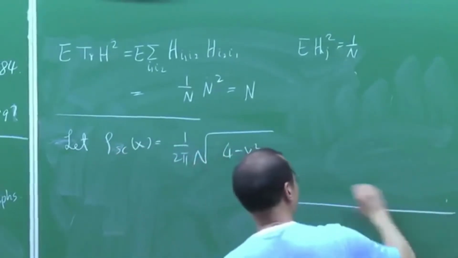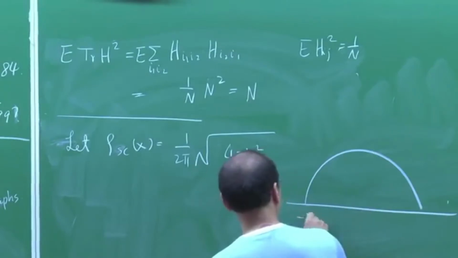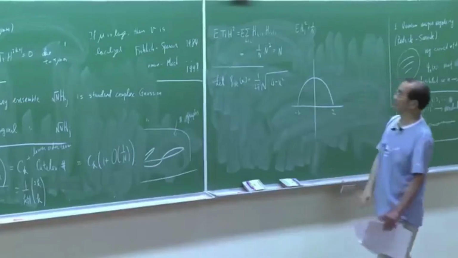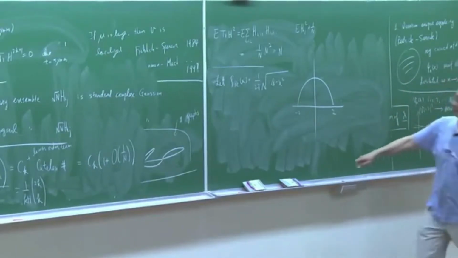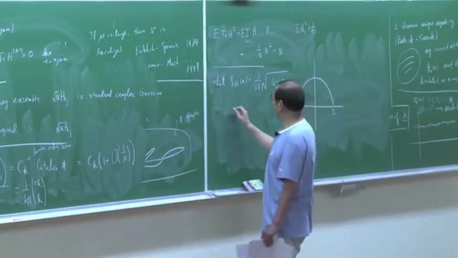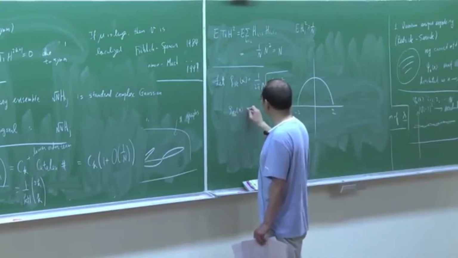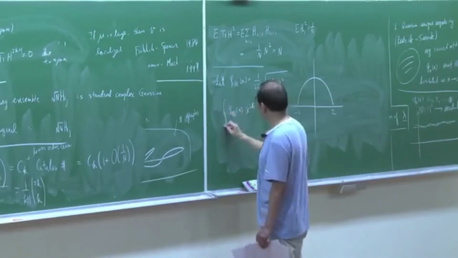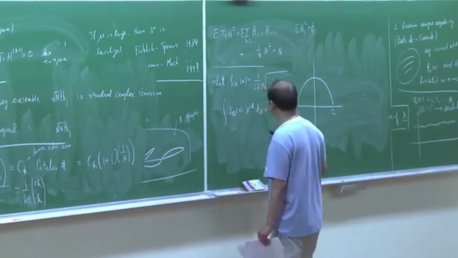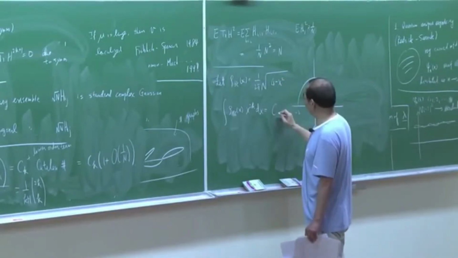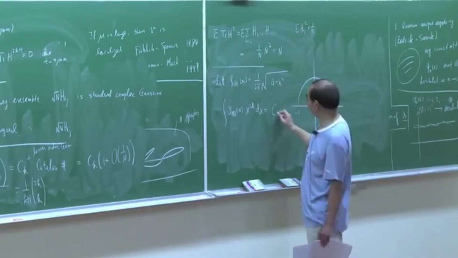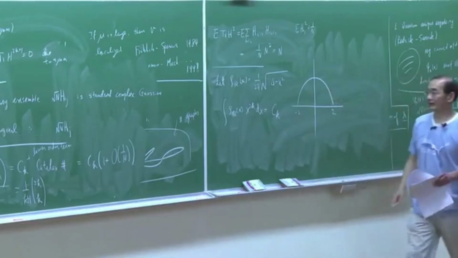This is the graph from minus 2 to 2. Then you find that the integral of x to the 2k times the semicircle function dx is exactly Ck. This is exactly the Catalan number.